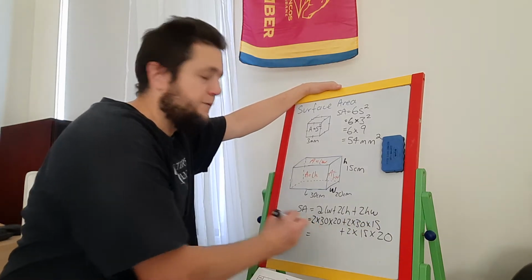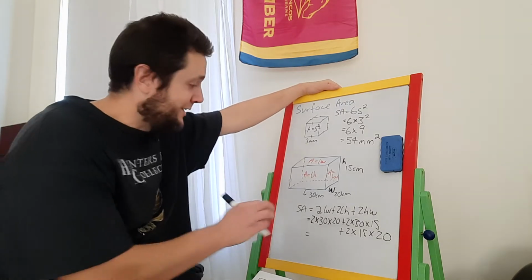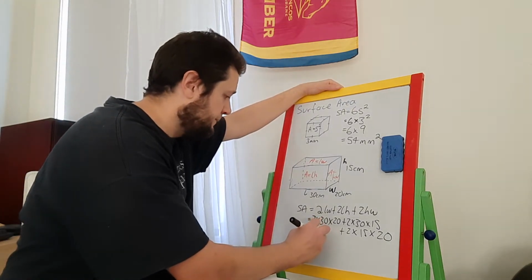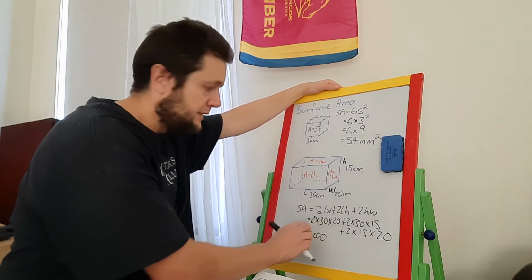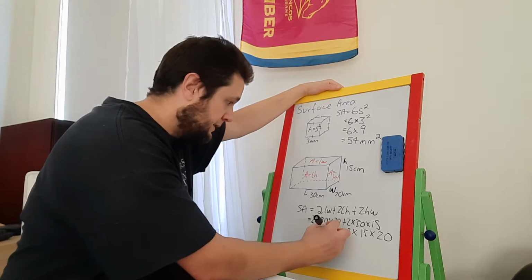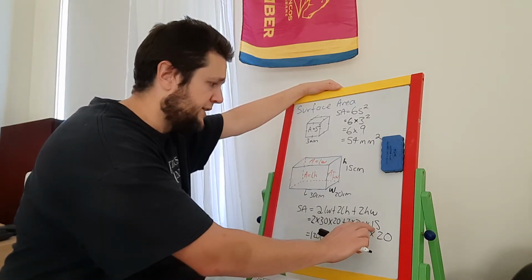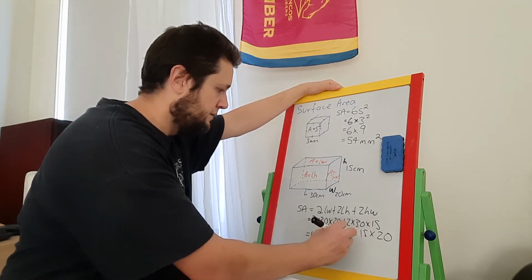Now this is going to be lots of fun here, because I haven't done this in preparation. Let's hope I get my numbers right. So 2 times 30 times 20 should be 1200. So 30 times 20 is 600, doubled. That's how I did it then. What about this one? 2 times 30 times 15, well, that's going to be 450. Doubled is 900.